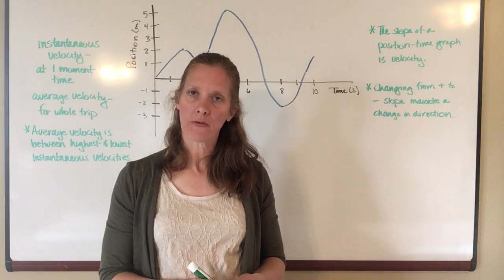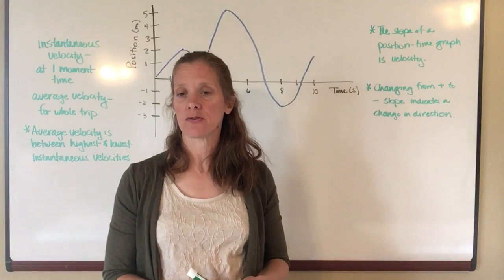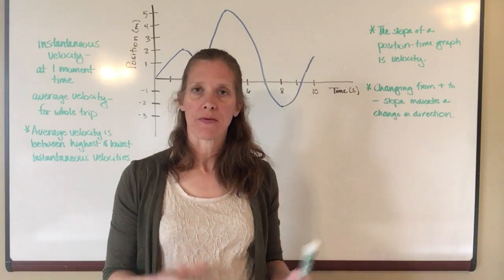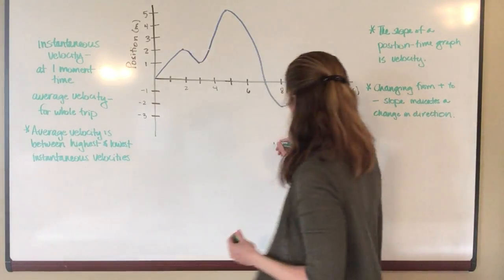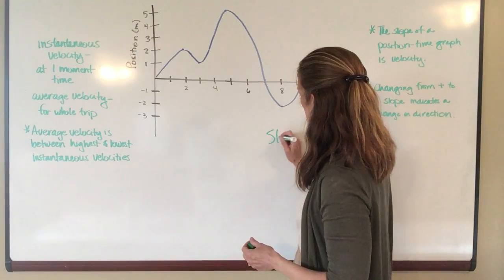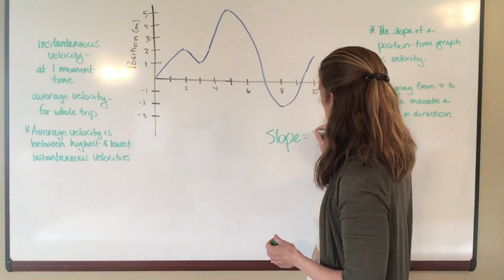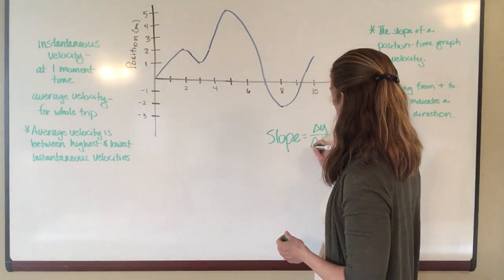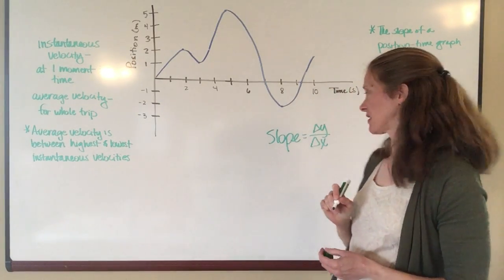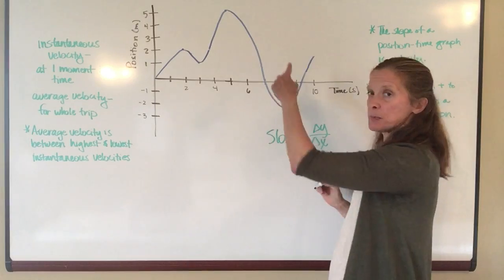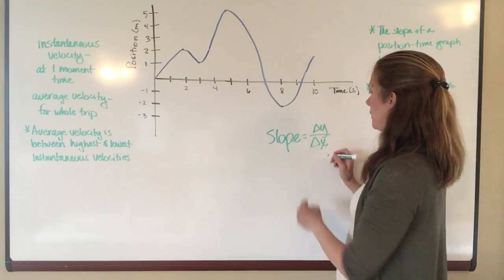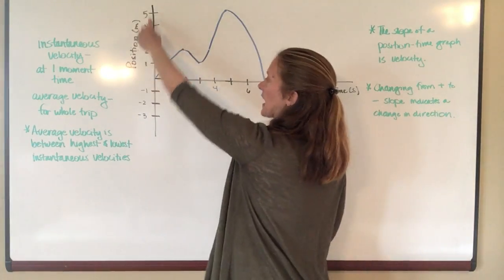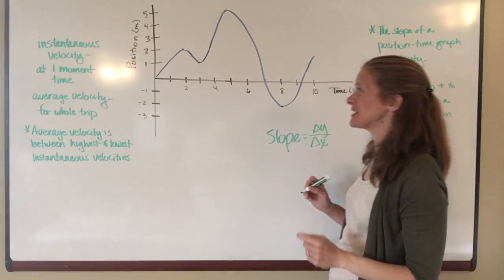You should recall from algebra that you can find the slope of a line. And the slope of a line is defined as the change in y's over the change in x. And so in this particular case, my change in y is actually a change in position.